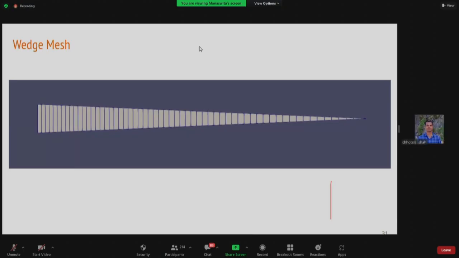I have one minor question here. Sometimes at the outlet we use pressure gradient, and sometimes we use zero pressure, I mean a constant pressure. Is there any specific condition where we should choose between these two at the outlet? When should we use zero pressure gradient, or when should we use constant pressure boundary condition at the outlet?